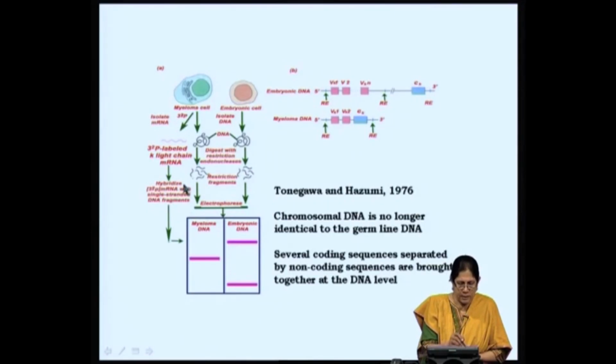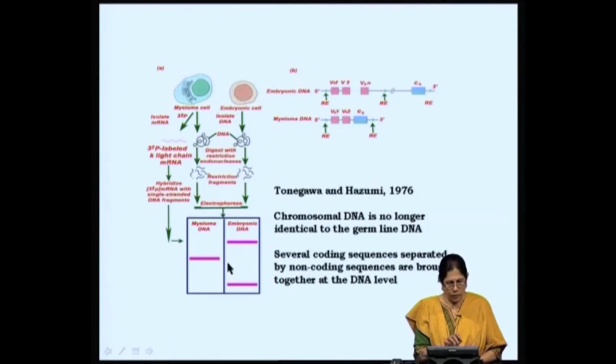The labeled mRNA was then hybridized to the fragments of the DNA taken from the myeloma cell or the embryonic cell. Now, what they saw was that in the case of the myeloma cell, the hybridization happened with a single band, whereas embryonic DNA hybridized with two different bands.